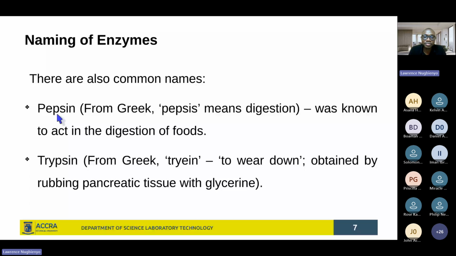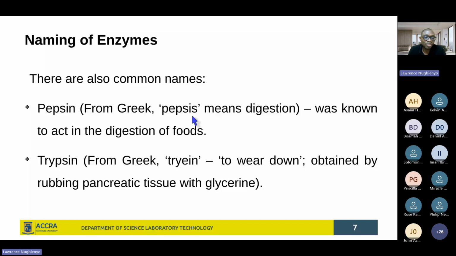Because it was separated from digestive juice, the name was linked to digestion. The Greek word for digestion is pepsis. So the name has a Greek root, pepsis, meaning digestion.